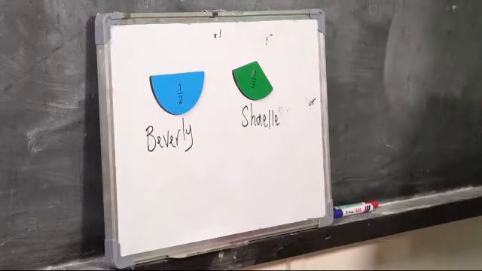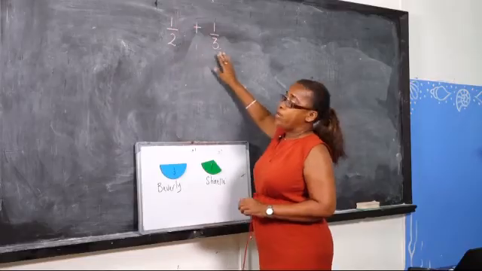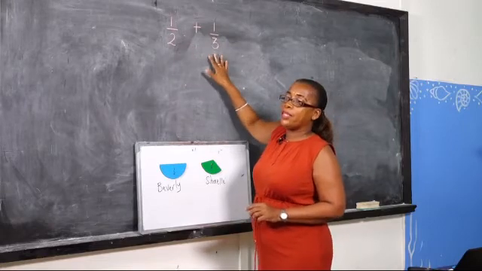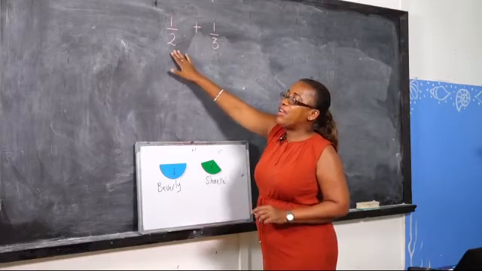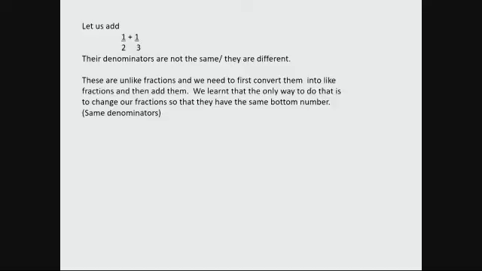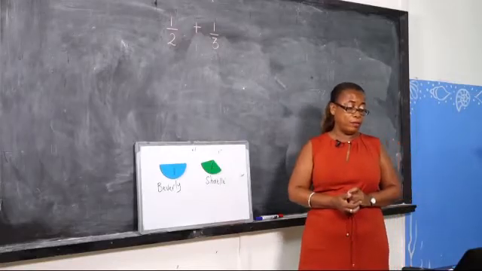Now let us look at the denominators. They are not the same. They are unlike fractions. Therefore, when we have unlike fractions, we need first to convert them into like fractions that have the same denominators.